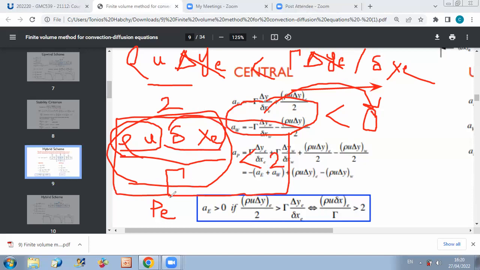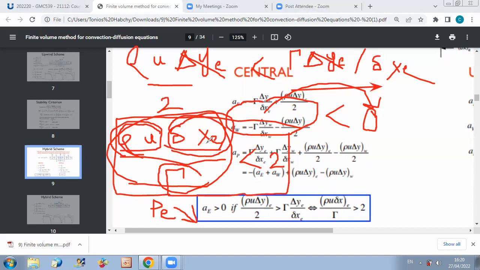If we do a small analysis, how can we reduce the Peclet number when we do computation? We are stuck with u. Rho u, we cannot play with it. And the diffusivity also depends on the problem we have. But we can play with what? With the grid size. Yes, exactly.